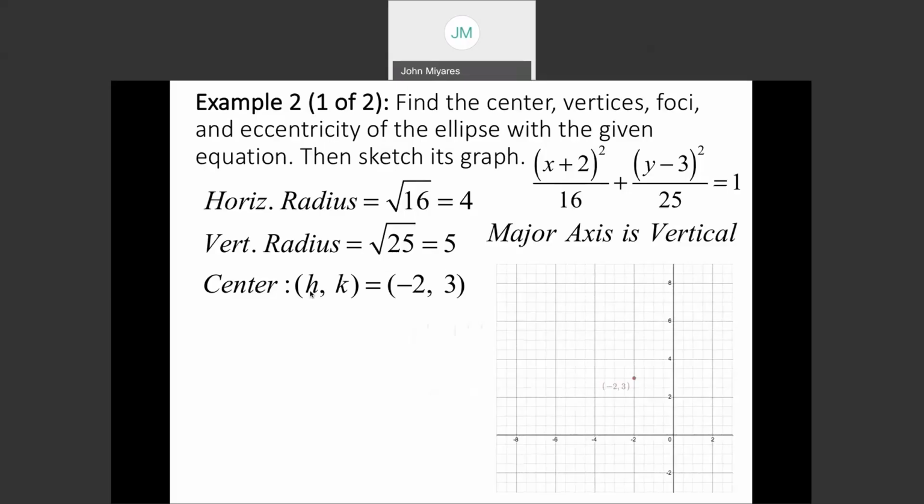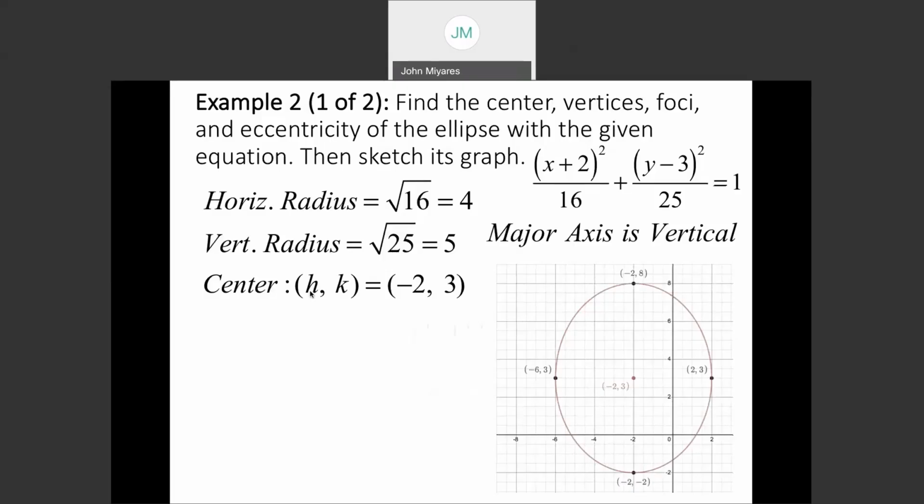Since the horizontal radius is 4, we'll have points 4 units to the left and right of the center. Similarly, with a vertical radius of 5, we'll have 2 points plotted, one 5 units above the center and one 5 units below. Once we have these points, we can sketch our ellipse.